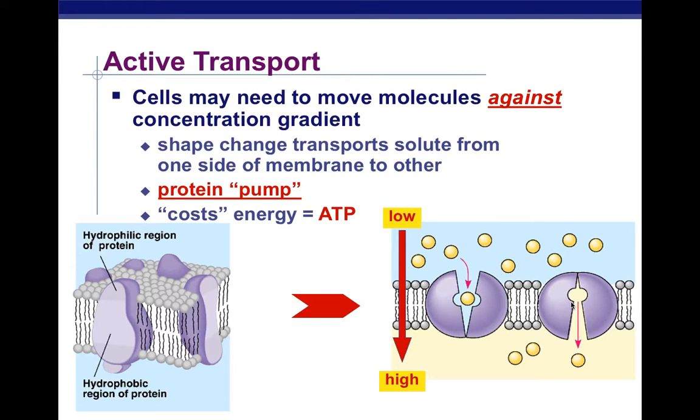So if anybody has a sump pump in their basement, when there starts to get water in their basement, it pumps it up out of their basement, up against gravity. You'll notice that thing's plugged into a power source or wired directly into your house's electricity because it requires energy to make molecules go in a direction they would not naturally go in.